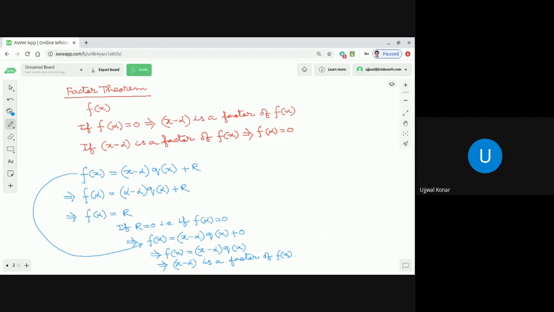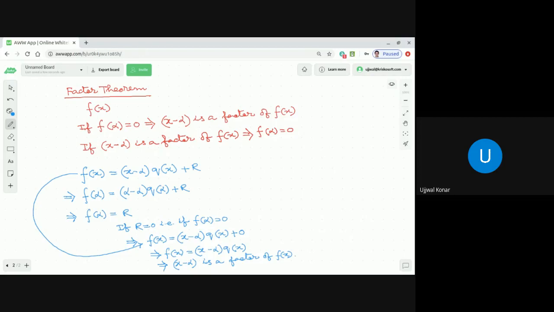So the basic thing is that if any polynomial is given to you and it is asked to verify whether x minus alpha is a factor of that polynomial or not, you simply apply the value of x as alpha in the given polynomial. If you get the value 0, then you can absolutely say yes, x minus alpha is a factor of the given polynomial. If it is not equal to 0, then you say no, it is not a factor.